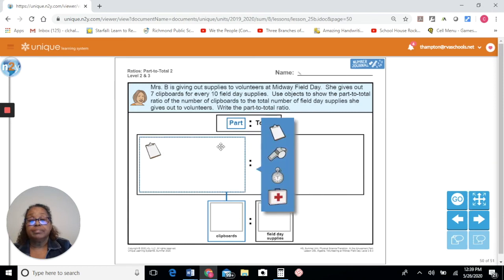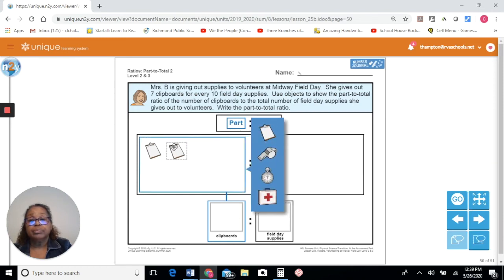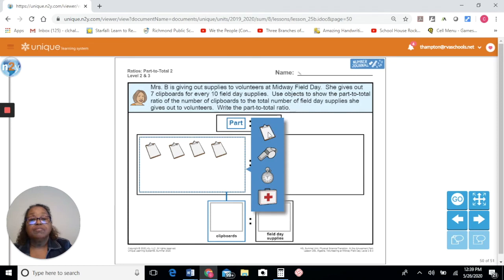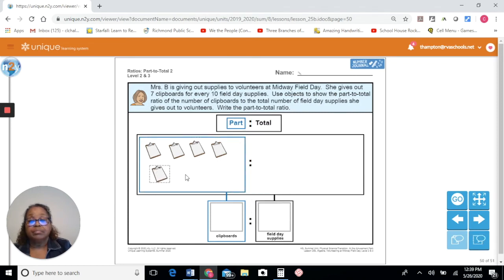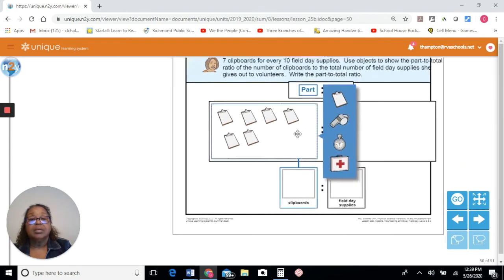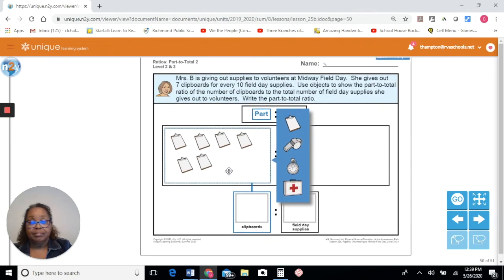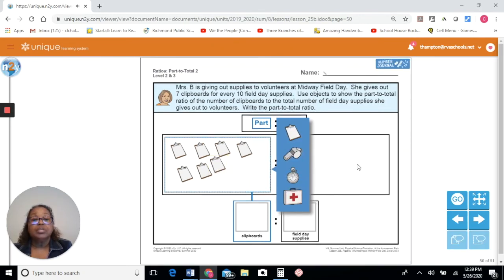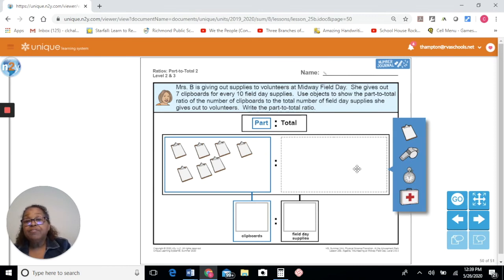1, 2, 3, 4, 5, 6, 7. 7 clipboards. To how many field day supplies does she have altogether?